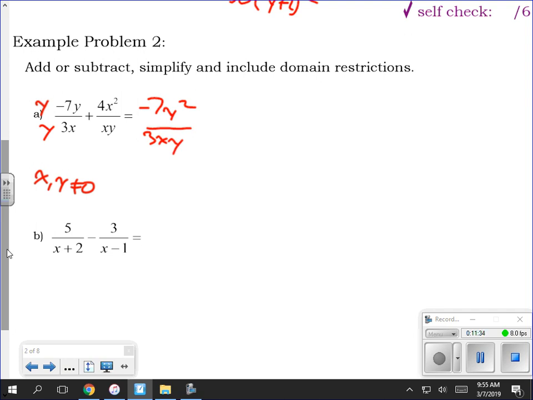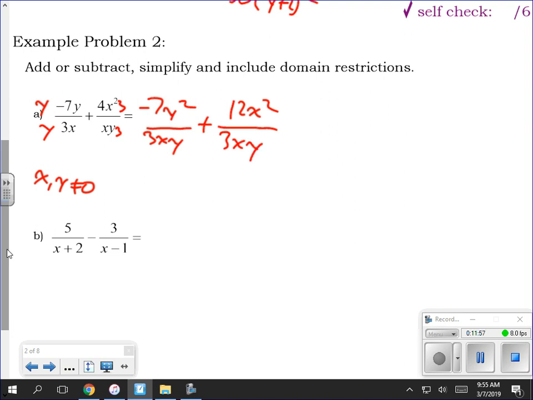What is in this first denominator that is not in the second denominator? 3. So I multiply this second fraction by 3 over 3. And I get plus 3 times 4x squared is 12x squared. And then I have 3 times xy, 3xy.